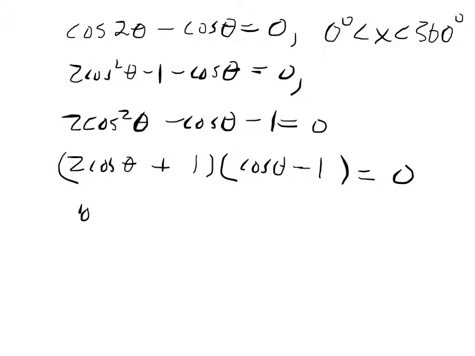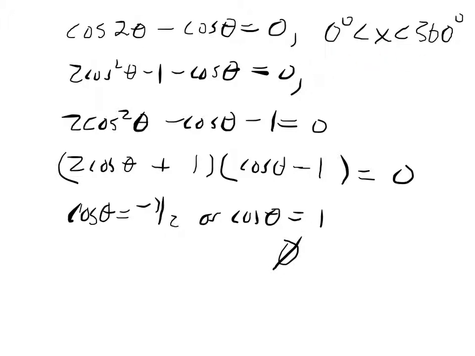So cosine theta equals -1/2, or cosine theta equals 1. And again, note that up here in my solution set, 0 is not permissible, so cosine theta equals 1 at 0 or at 360, so I'm not going to get anything there.